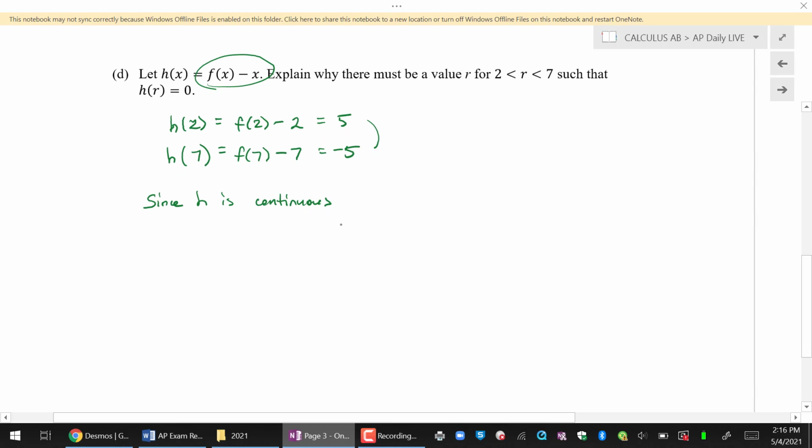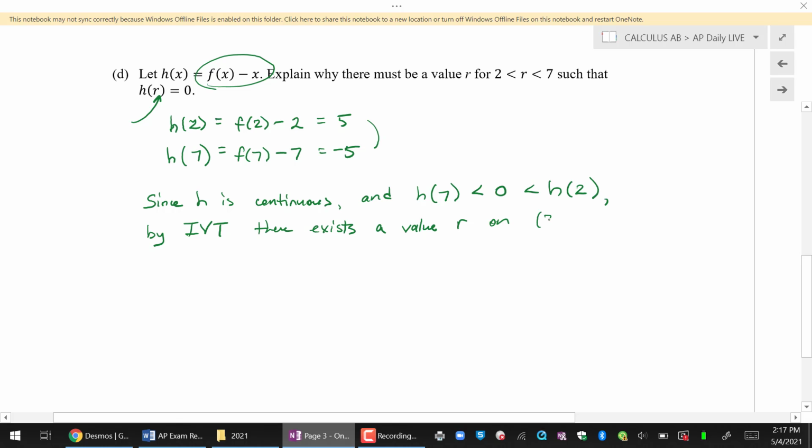So since h is continuous and h of 7 is less than 0, my element in question, which in turn is less than h of 2 by IVT, the Intermediate Value Theorem, there exists a value which we'll call r on the interval 2 to 7 such that h of r is equal to 0.